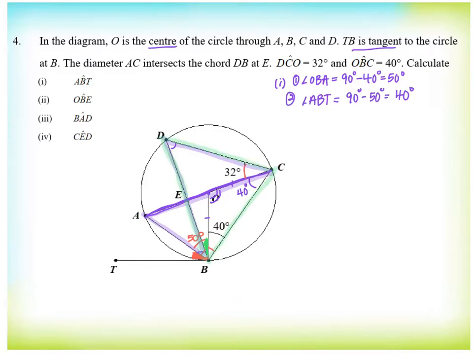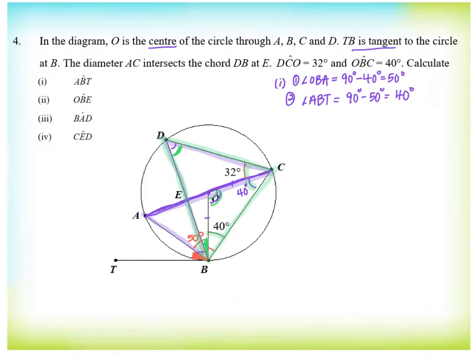In this triangle, I know that the angle here is 32. This is 40. This is 40. I'll need to find this one. That means the remaining angle that I need to find is actually this angle over here. Now this angle is angle at the circumference. Angle at the center is twice the angle at the circumference.